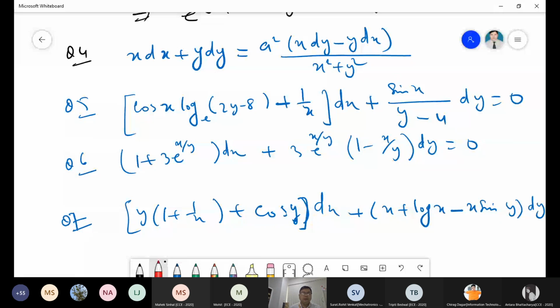Question number 4, will you tell me the answer of question number 4? Sir, in question number 4, del M upon del y is equal to del N upon del x is not coming. A minus is coming, and one is coming, 2x minus a square, and 2xy minus a square. It will come 100%, mine has come. 100% it will be correct.